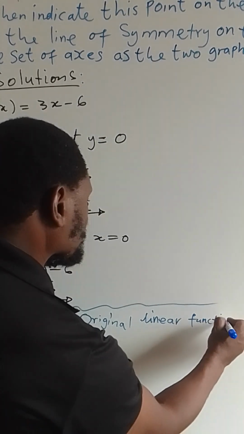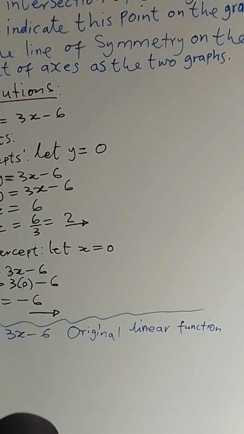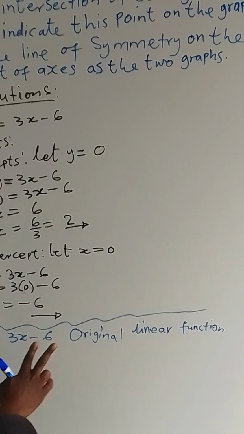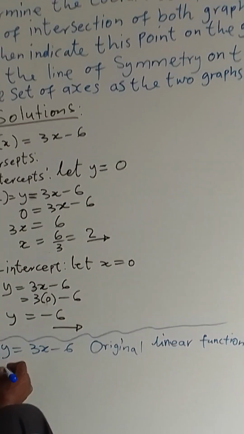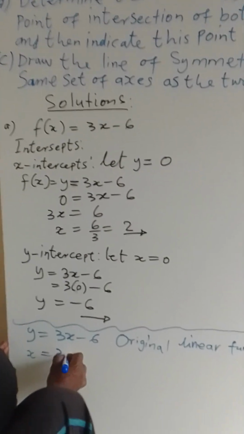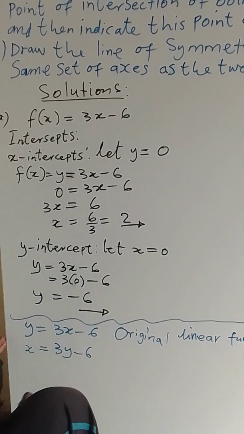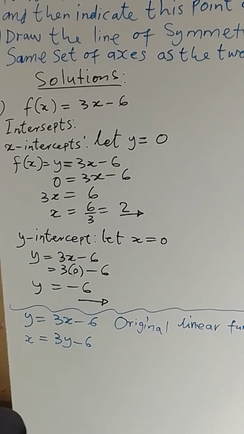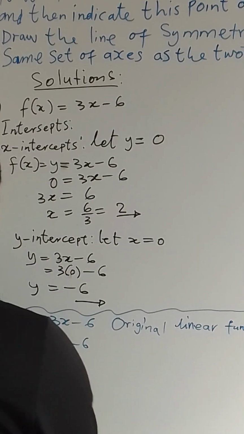Now we need to find the inverse of this. By inverse, you interchange the values of x and y. Where you see y, you put x, and where you see x, you put y: x = 3y - 6. Now we want to find the inverse.